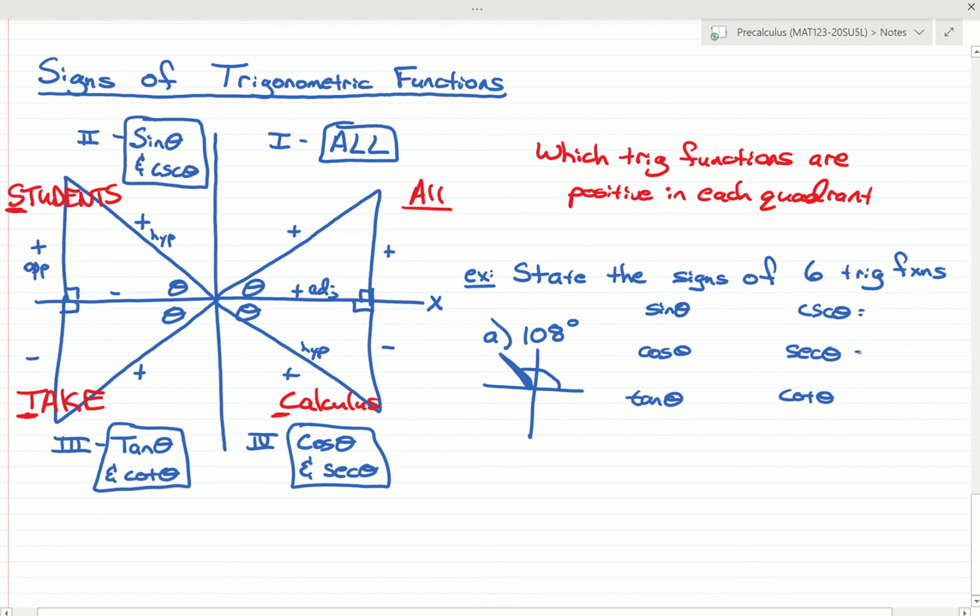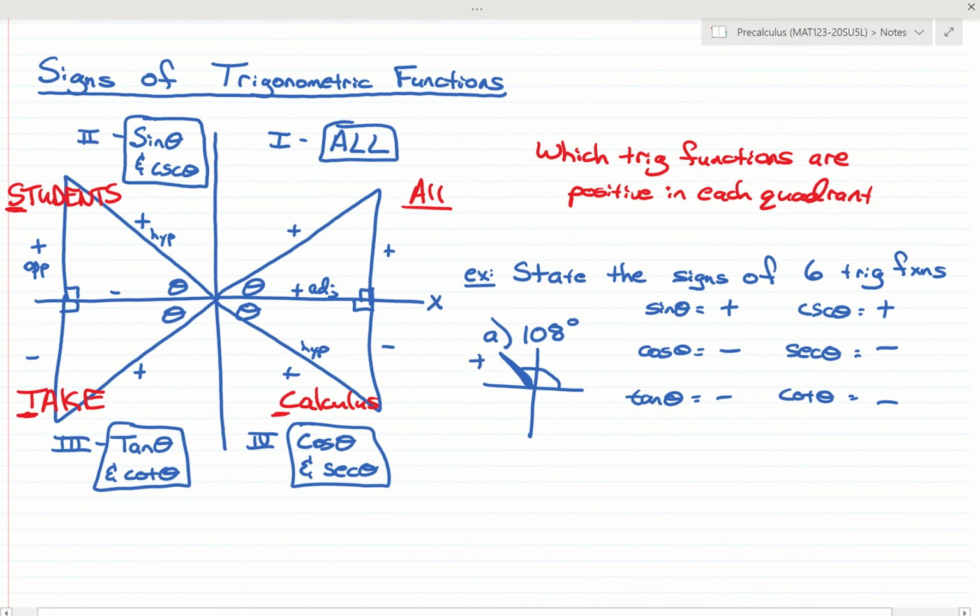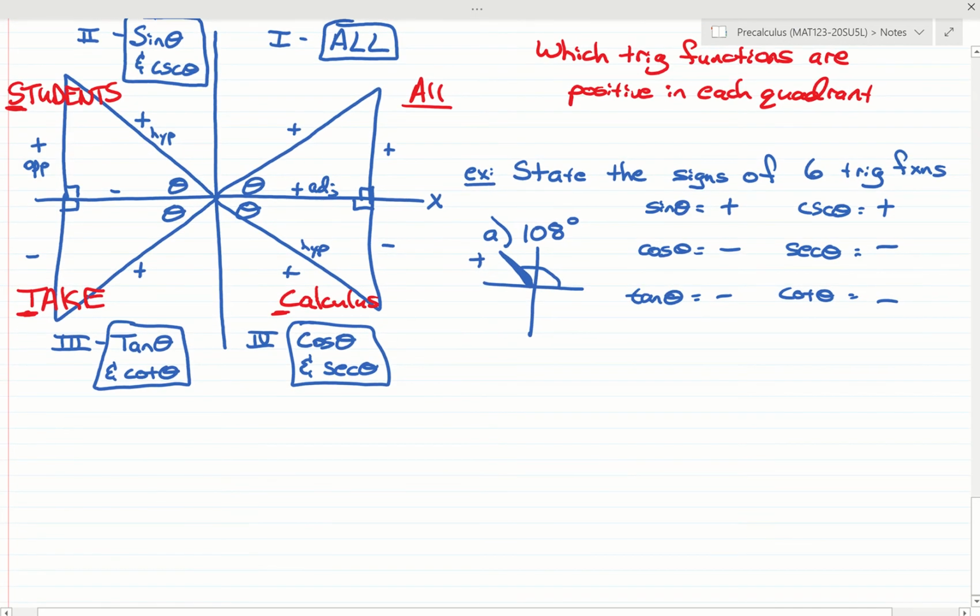Well, because it's in the second quadrant and all students, so sine is positive there, that means cosecant is, and everything else is negative. The cotangent of 108, the tangent of 108, cosine of 108, the only ones that are positive would be sine and cosecant.